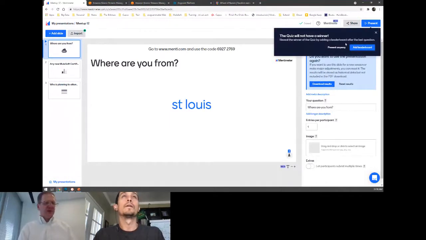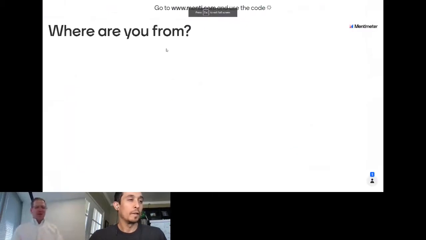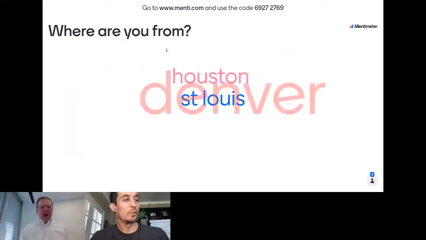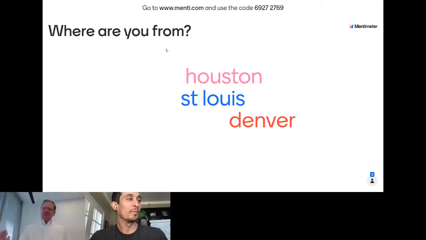Okay, here we go, and we've already got an answer here. So where are you dialing in from? We've got a St. Louis. You know, in a live event, it's really easy to tell where everyone is from. Houston at the bar or in the office, we know you at least live in the Houston area.